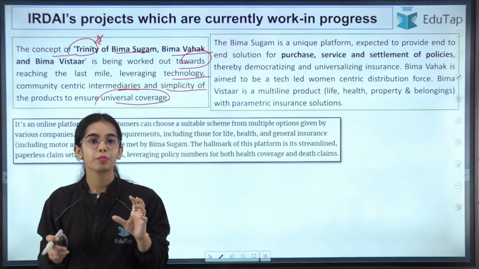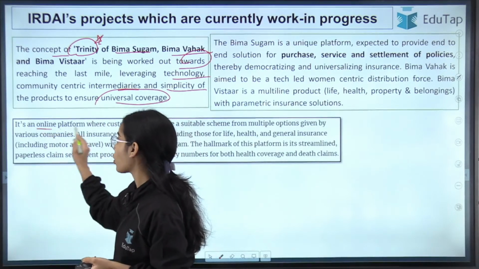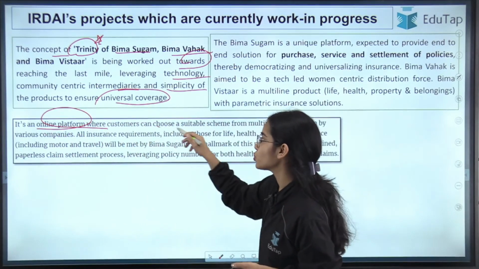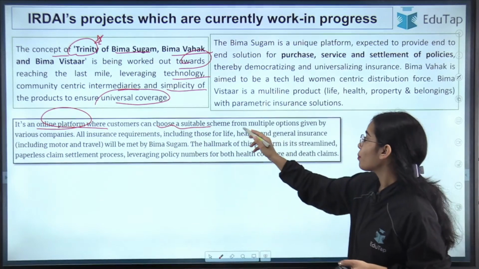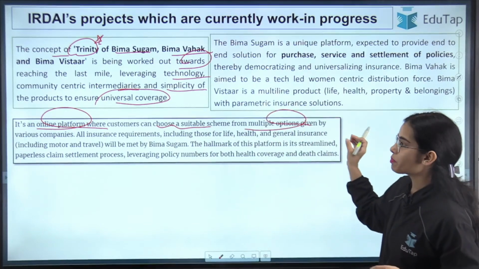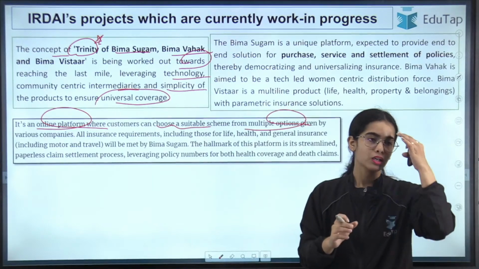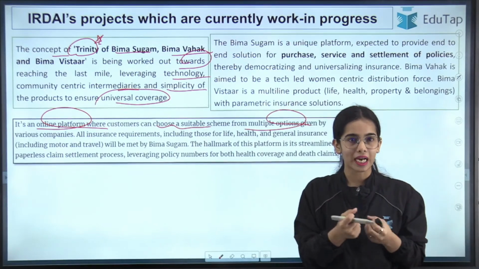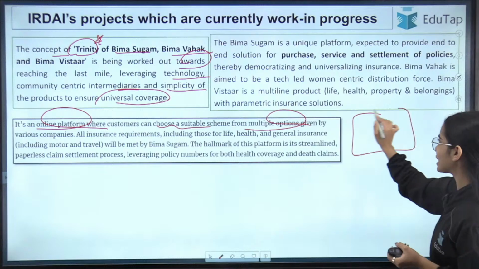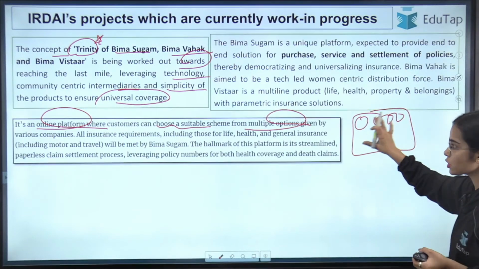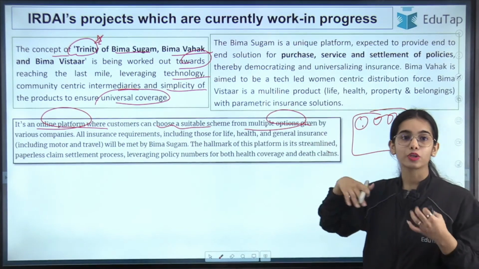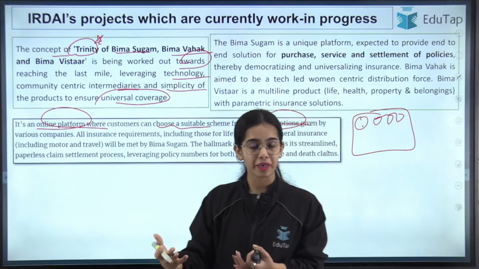So starting with Bima Sugam. Bima Sugam is an online platform where customers can choose a suitable scheme from multiple options given by various companies. This is an Amazon kind of thing, where at one place you are getting all the products. You can access all the products, you can do the payments also, you can fill in the premiums also.